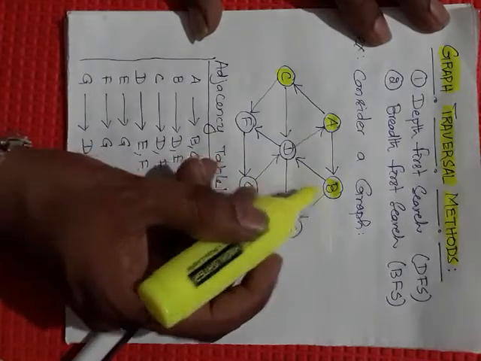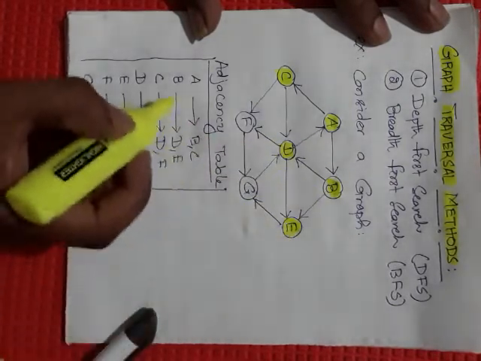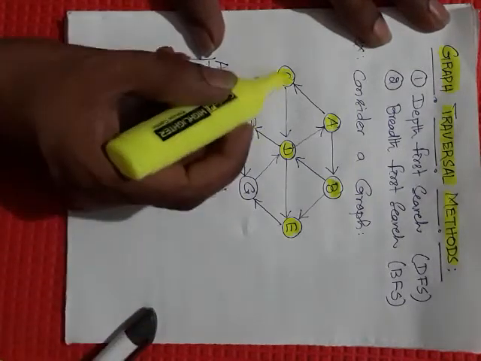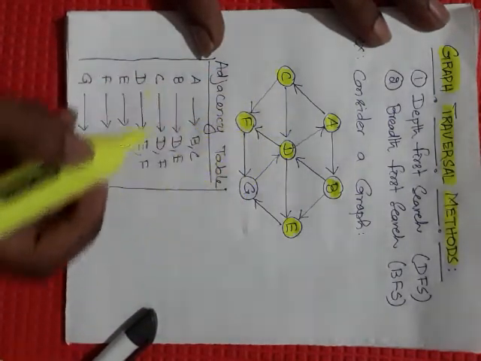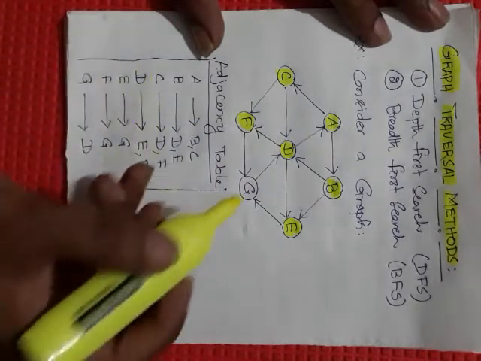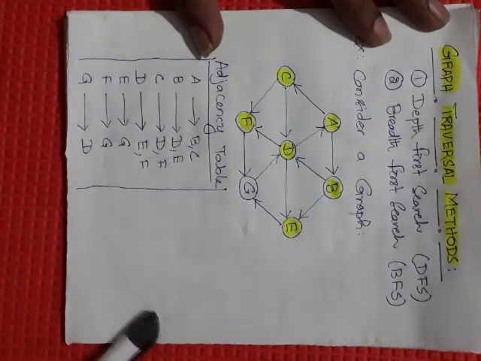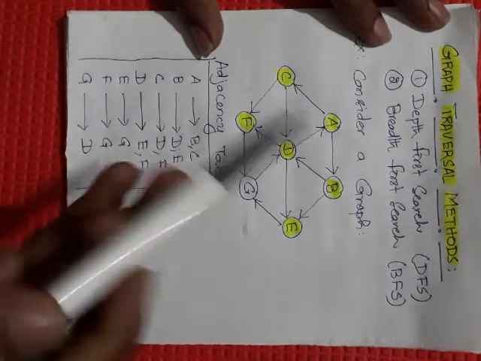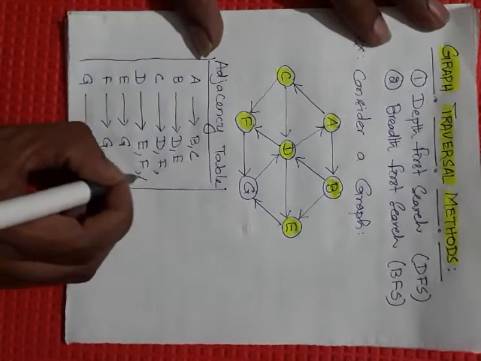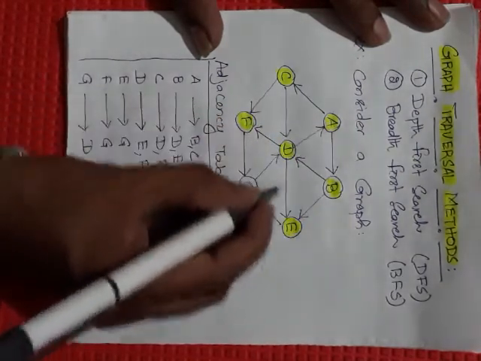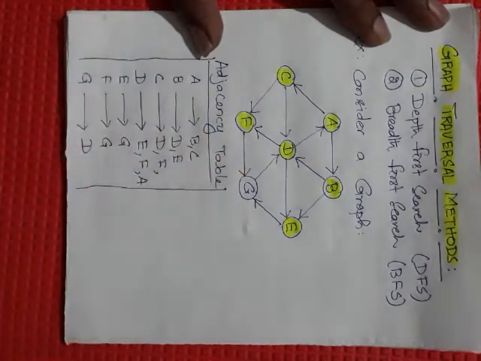Similarly from B, you can go to node D and E. So D and E are adjacent. From node C, you can go to D as well as F. So for node C, D and F. From node D, there are outgoing edges to A, F and E, so three outgoing edges are there.